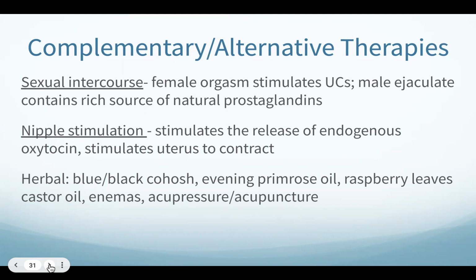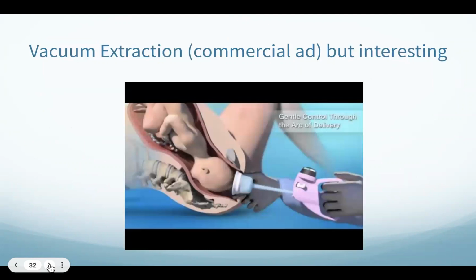Nipple stimulation stimulates the release of endogenous oxytocin, which also stimulates the uterus to contract. I'm not going to go over all of these different herbs, but you'll hear people talk about black cohosh, raspberry leaves, castor oil. I'm not a real big fan of castor oil or enemas. Acupuncture, acupressure.